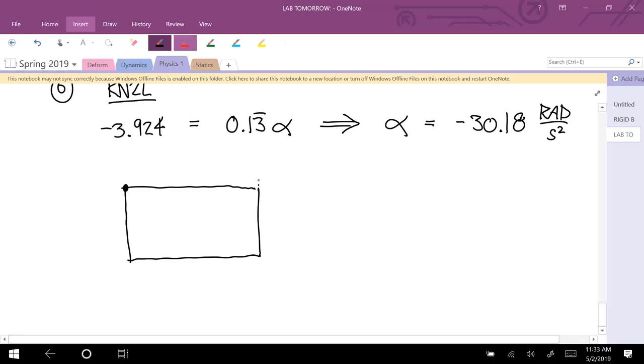You can think of this as circular motion around the hinge. And we know we have a clockwise angular acceleration of 30.18. Since it starts at rest, there's no angular velocity.